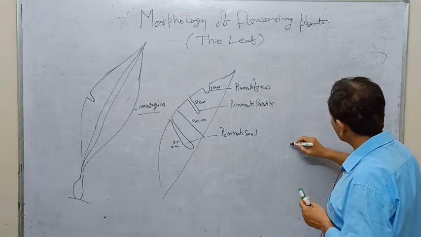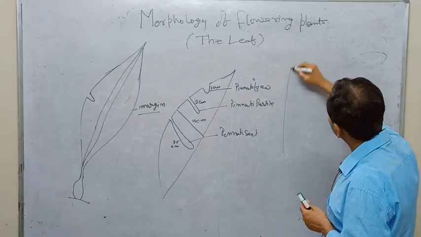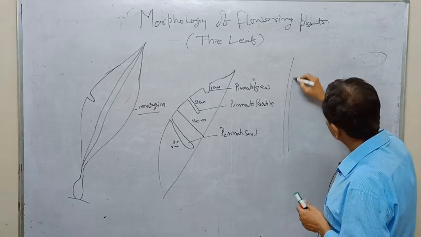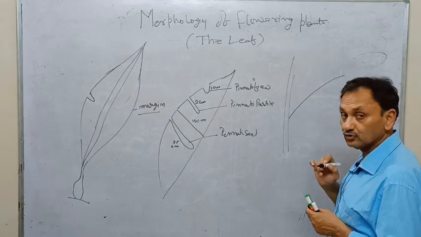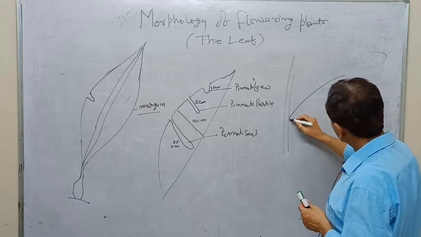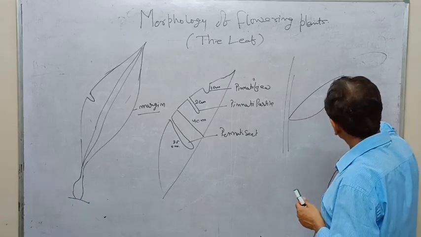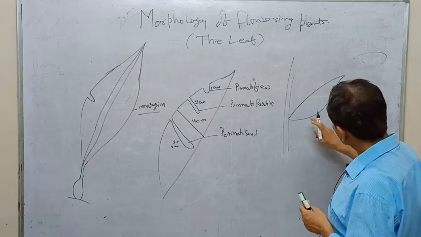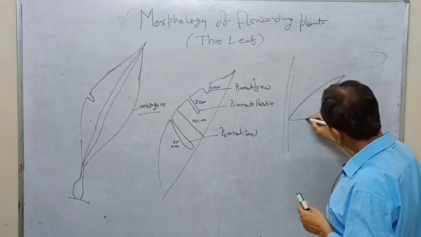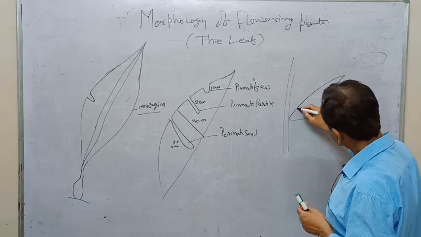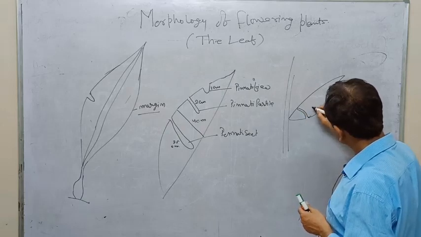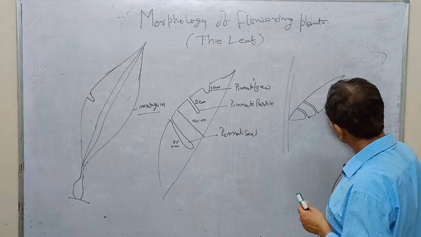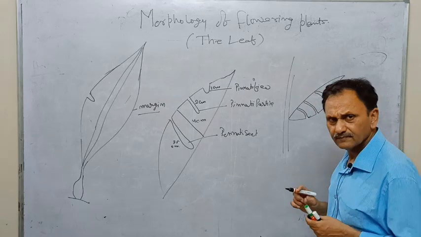Just you will see that suppose this is the stem, this one is the midrib, or it is also called rachis, and this one is the margin of the leaf. Suppose this incision is like this. Then what happens?